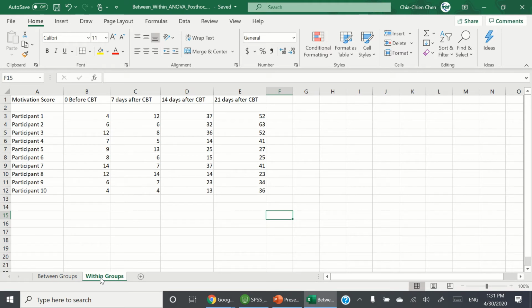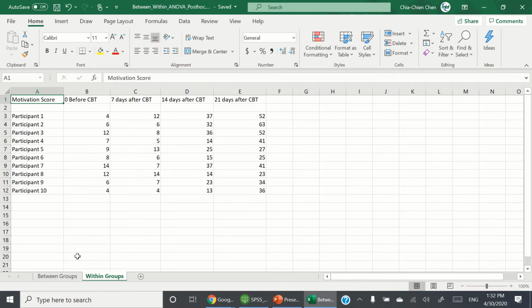Okay, now let's take a look at the within groups design and how you would do the ANOVA on those. Here we have 10 participants that are, let's say, clinically depressed. The dependent variable they're looking at here is the motivation score.